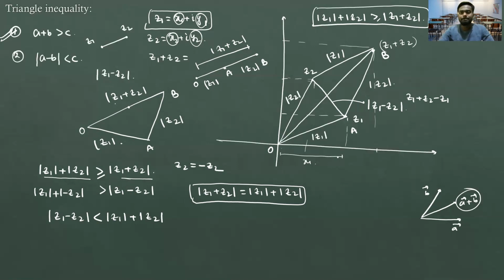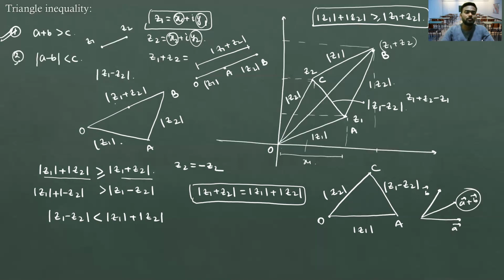Now you see, if I consider this triangle OAC, now in this triangle, can you observe, this will give me modulus of z1 minus z2. This length is z2, and this length is basically z1.